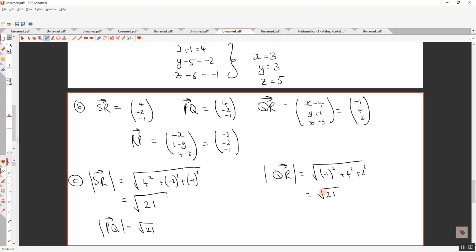What's going on? I'll come back to that in a second. P to Q, done. S to R is the same. Q to R, and we need to do R to P.